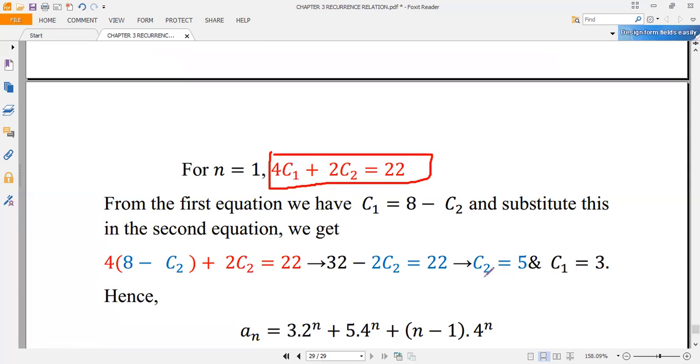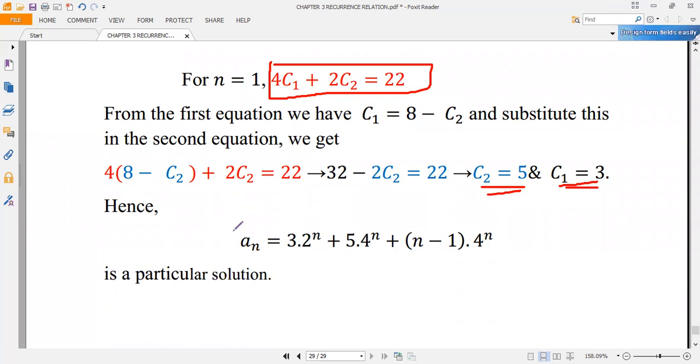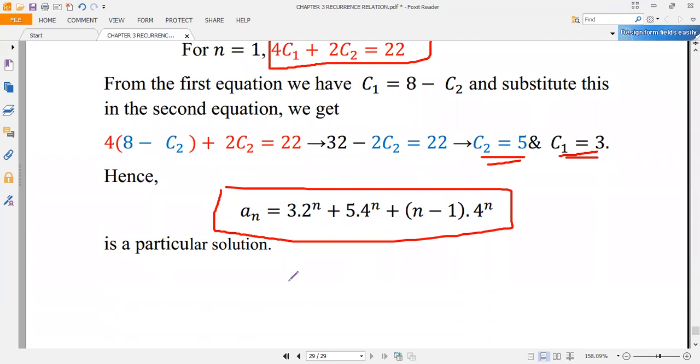So C2 becomes 5, and substituting the value of C2 into the other equation, we get C1 is equal to 3. Hence, the solution to the given non-homogeneous recurrence relation is an is equal to 3 times 2 to the power of n plus 5 times 4 to the power of n plus n minus 1 times 4 to the power of n.